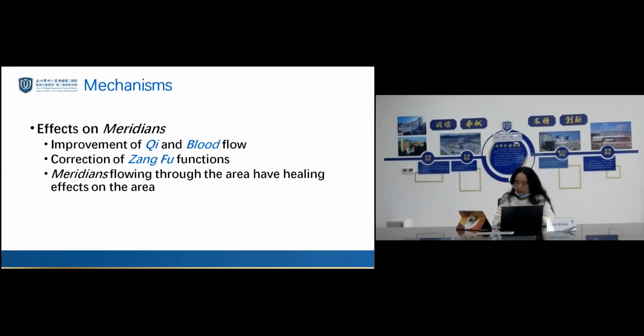So the last class someone asked the doctor whether the acupuncture only has a short effective effect, but doesn't have a longer one. But if it's a functional disorder, through acupuncture, we regulate the zang functions, and the effect will last longer.